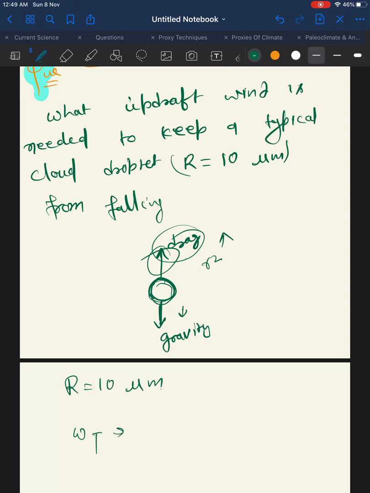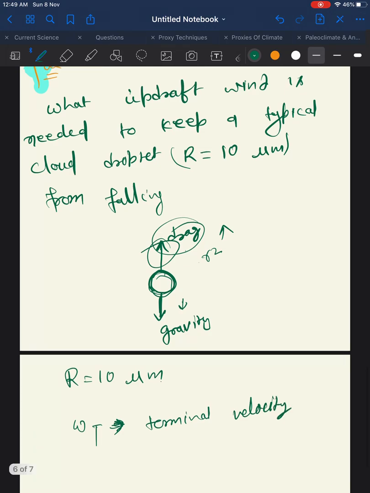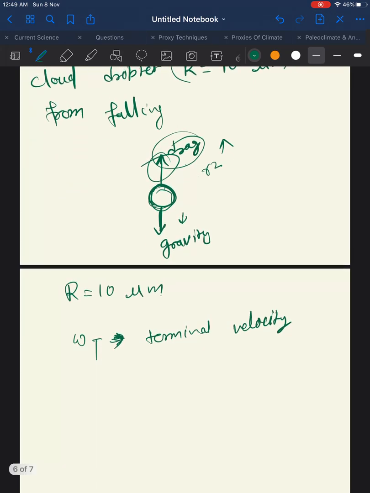We are considering it as a terminal velocity because it also has some role in increasing or decreasing terminal velocity. WT is your terminal velocity. We don't know it, we have to find this.